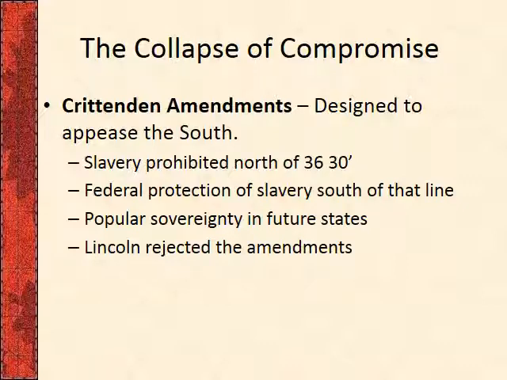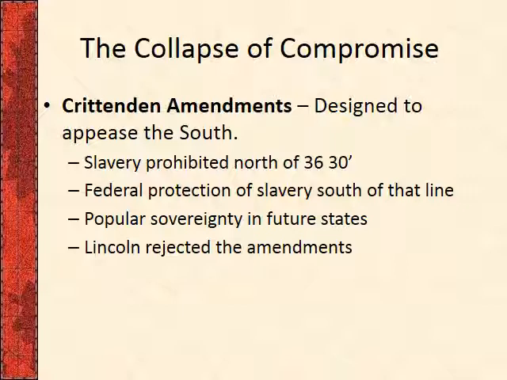There was a last-ditch effort by members of the government to fix this in the aftermath of Lincoln's election, called the Crittenden Amendments. Very rarely tested on, but it might be something cool to throw in an essay. It was meant to appease the South and get it to come back into the Union.